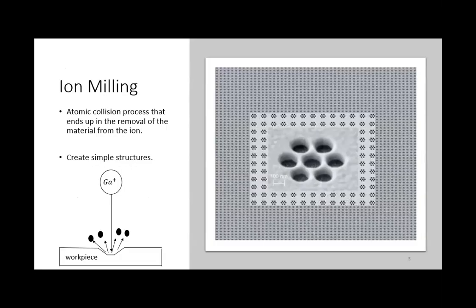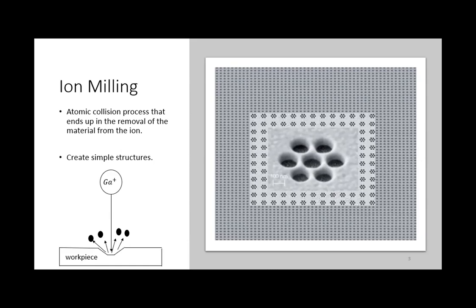Here is one advantage of this focused ion beam: designing. You can use this technique to design any shape that you want. This is one of the big advantages of this technique.